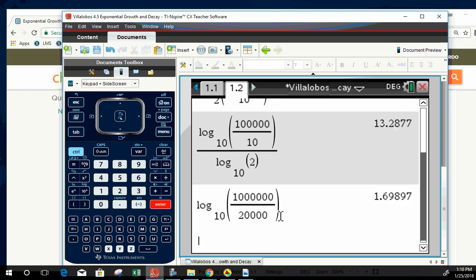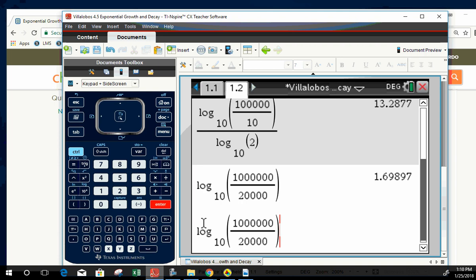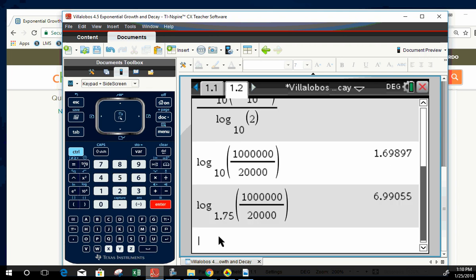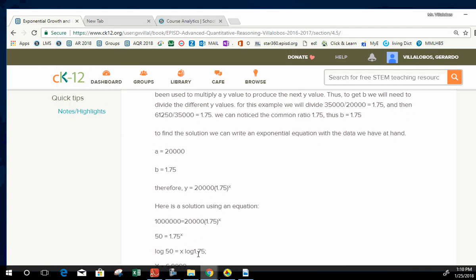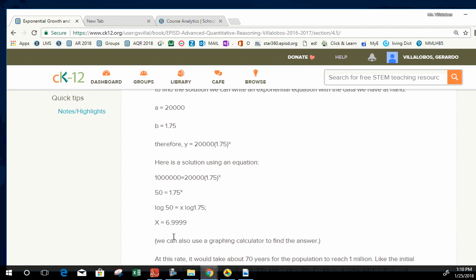But not base 10. The actual base is 1.75. So in 6.99 years, that would be the answer if I interpret that correctly. Let's see. Yeah, same result.